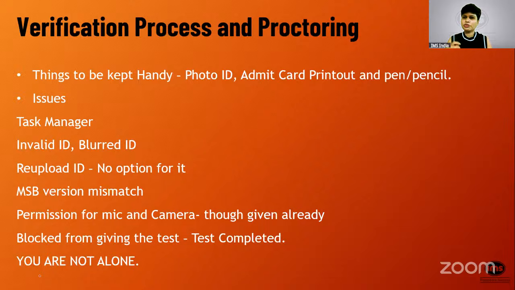Many of you, though you had given permission for the microphone and the camera, were again requested for it, being told it was not available. So lots and lots of issues cropped up initially. And some of them, the moment they saw the ID card, put in an admit card there, so those people were blocked immediately from giving the test.